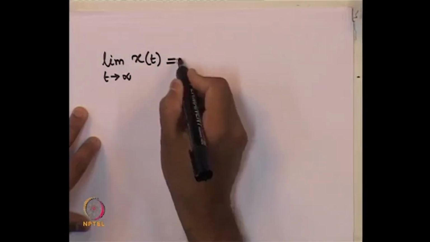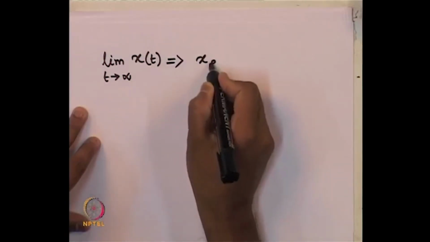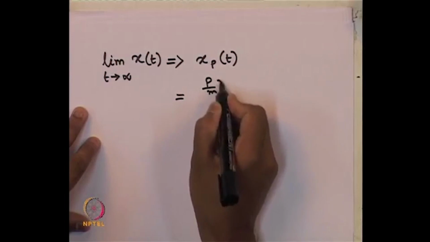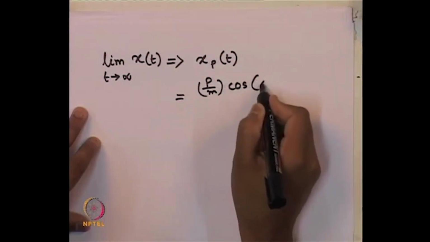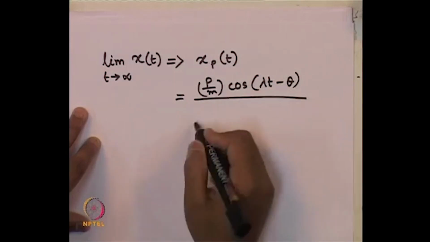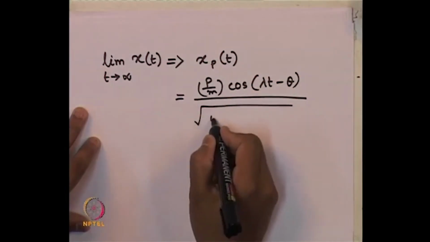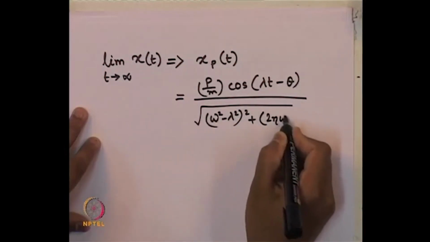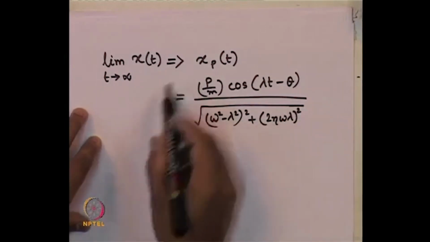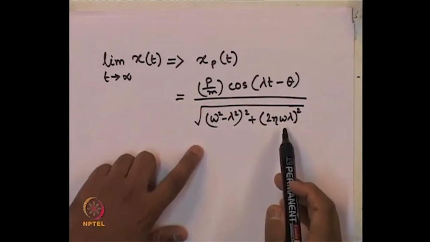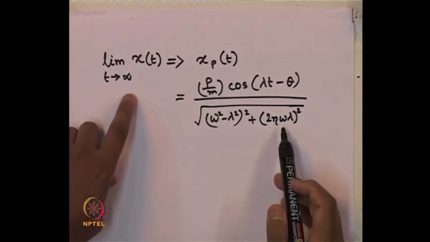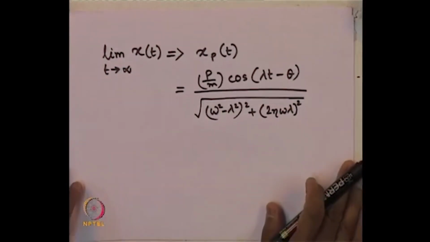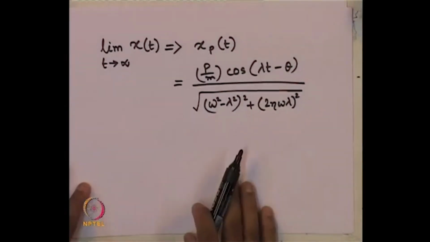It will give me the solution as x_p of t, which is nothing but p by m cosine (lambda t minus theta) by root over (omega square minus lambda square) whole square plus (2 eta omega lambda) whole square. So, it will tend to this harmonic function as t tends to infinity, because the other component goes to 0 or vanishes. So, this is a periodic function.